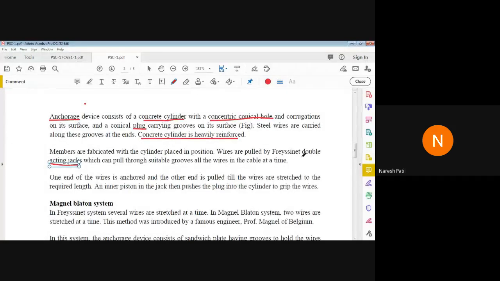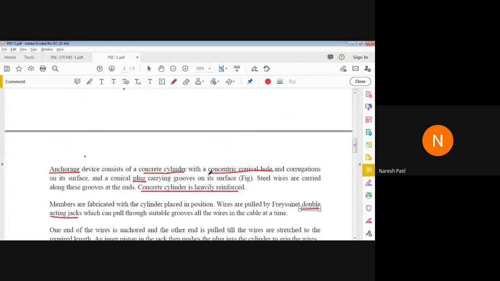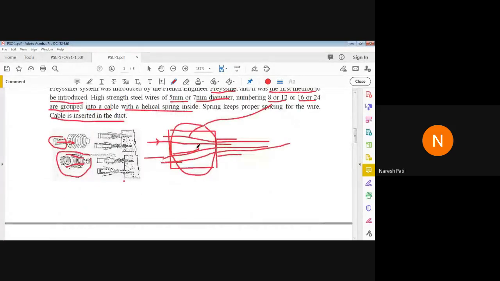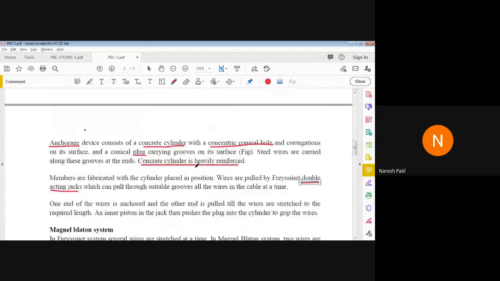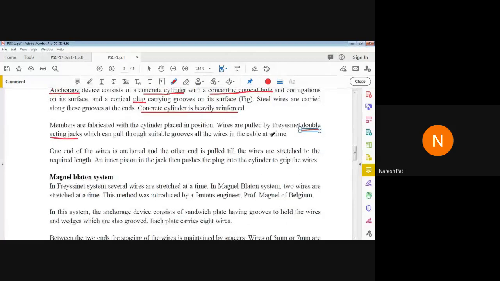As I told you, a hydraulic jack will be used to pull the cable, which can pull the wires in the cable through the suitable grooves at a time. The cables will be pulled through this conical cylinder, so all the cables will be stretched at a time.